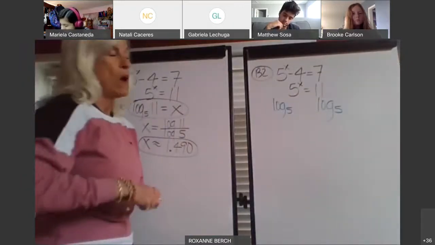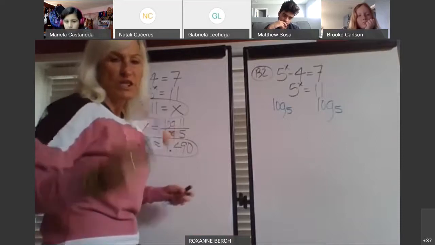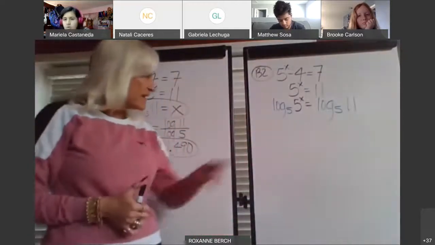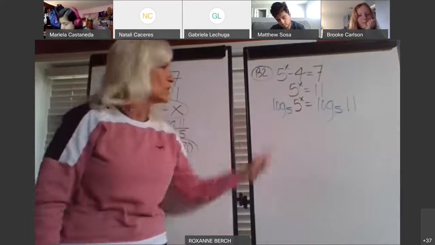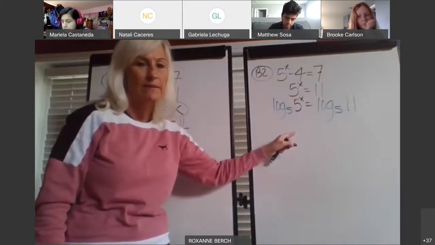And the base of the logarithm is the base of the exponent. Because what happens when you do that? The x gets to come down, right? Remember, log base b of b to the x equals x.